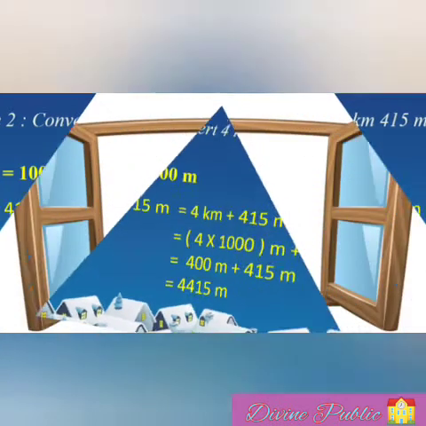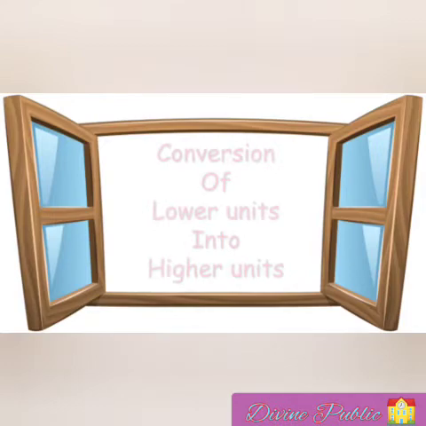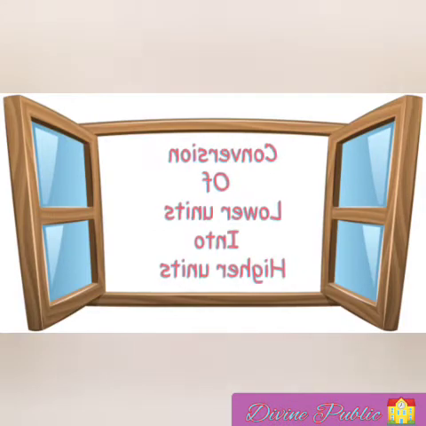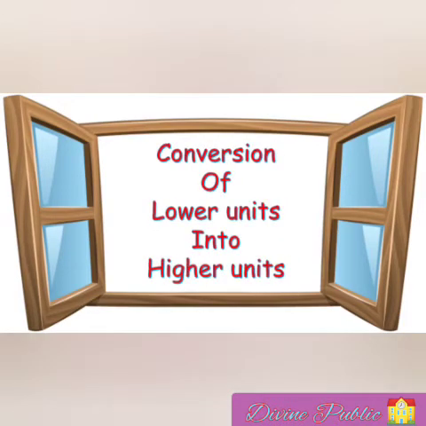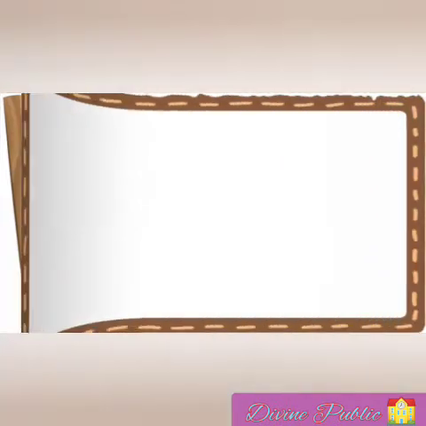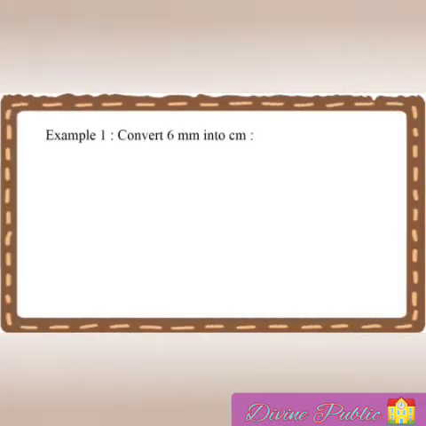Now dear students, let us learn the next topic. Conversion of lower units into higher units. Let us learn this with the help of example. Convert 6 millimeter into centimeter. Let us see the solution. We know very well that 1 millimeter is equal to 1 divided by 10 centimeter.